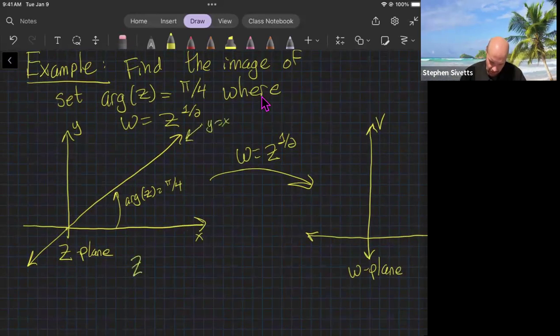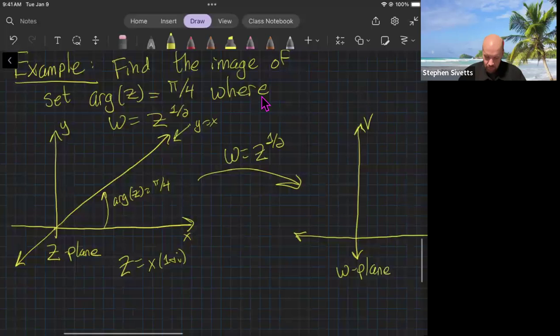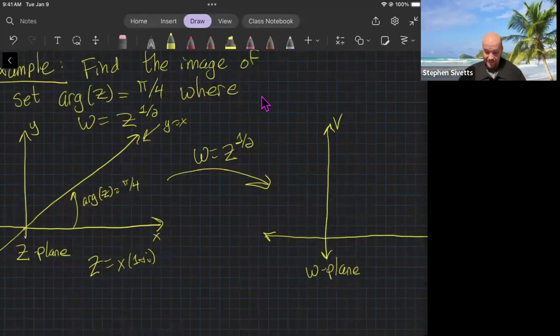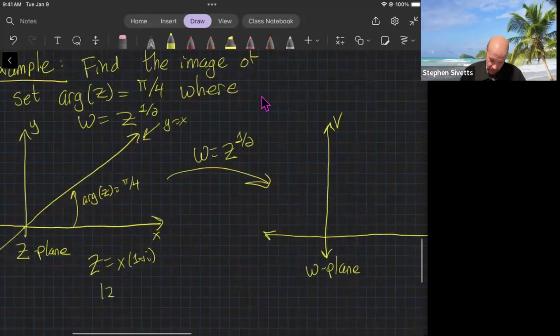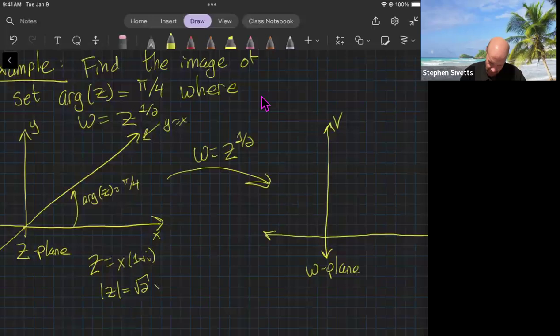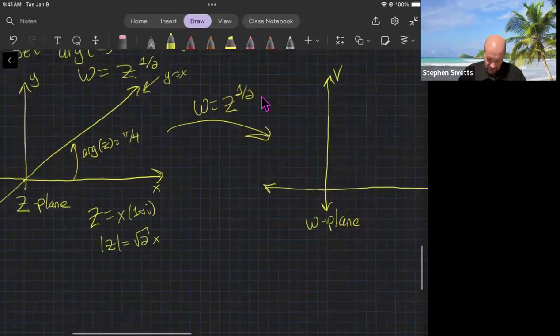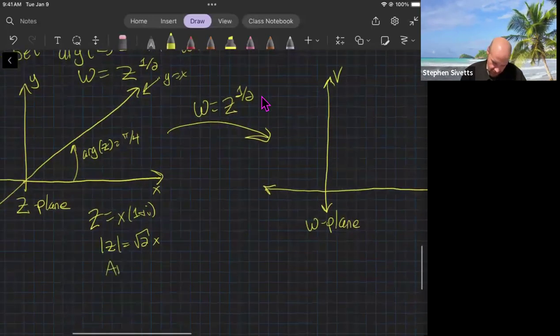So essentially a complex number on this line is just x times 1 plus I. The modulus is root 2 times x, and the principal argument in this case is pi over 4.